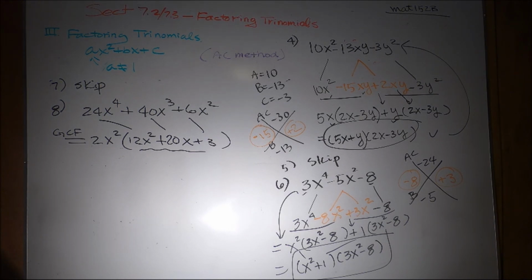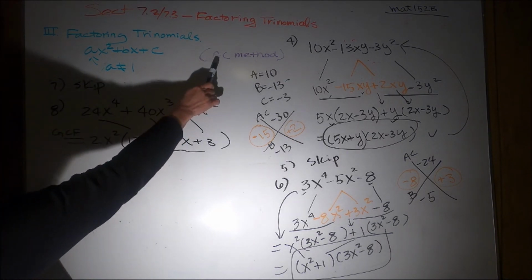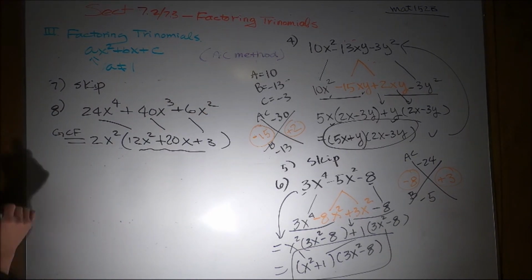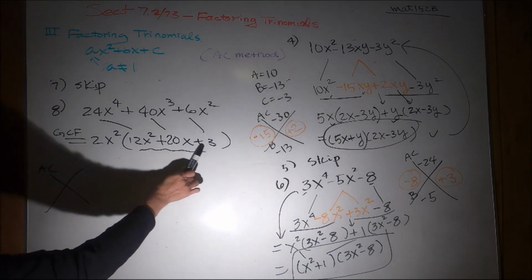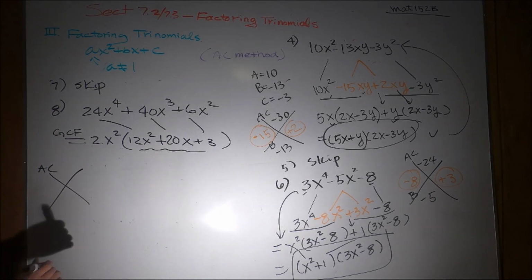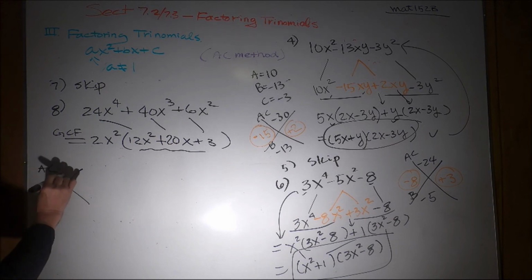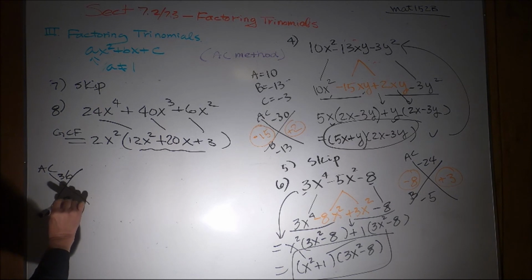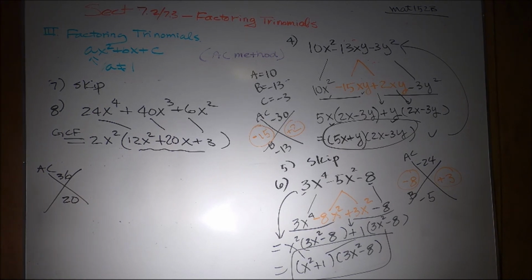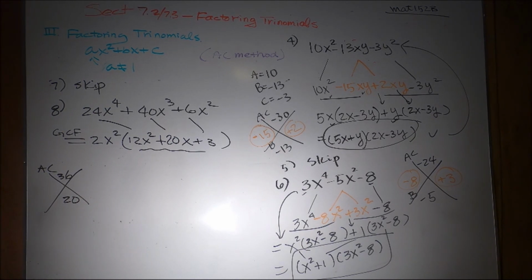Then for this trinomial, leading coefficient is 1 or not? It is not. If it's not, we have to use AC method, right? So your A is 12, C is 3. Multiply them together, AC is what? 36. Then what is your B? 20. So which two numbers will work for you?